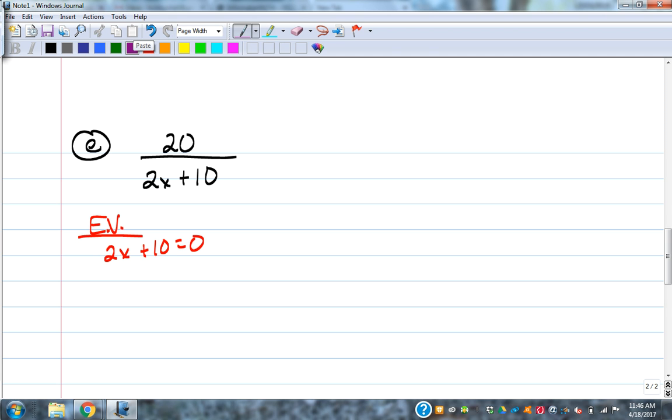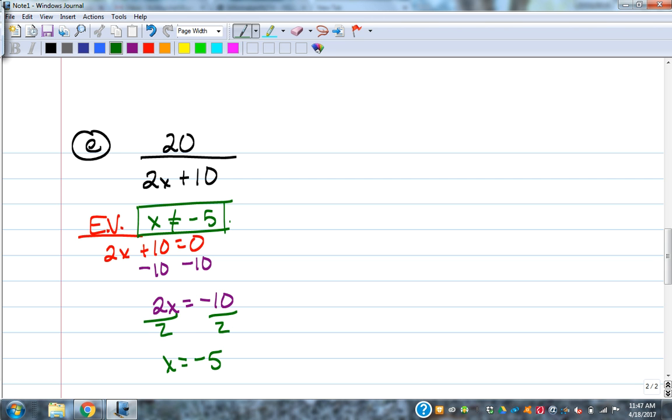What do I do? Subtract 10. 2x equals -10. Divide by 2. -5. So the excluded value is x cannot be -5. x does not equal -5. That's our restriction, our excluded value.